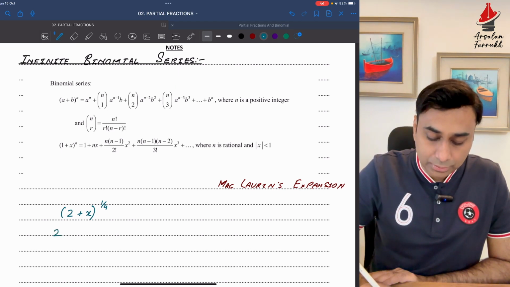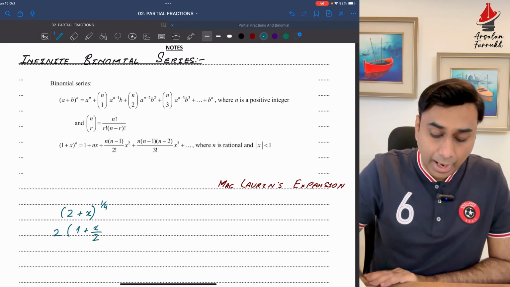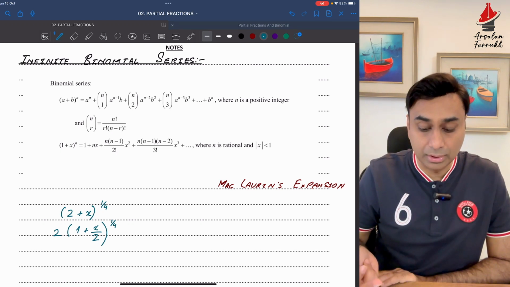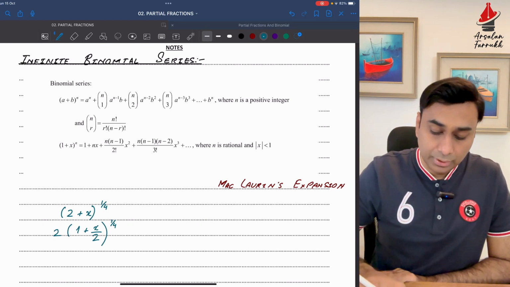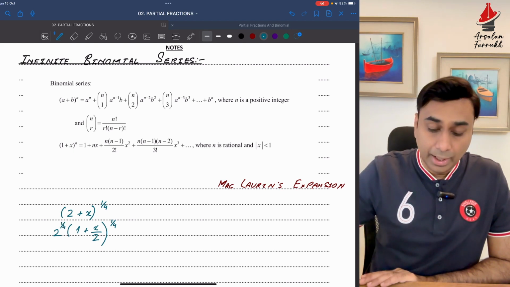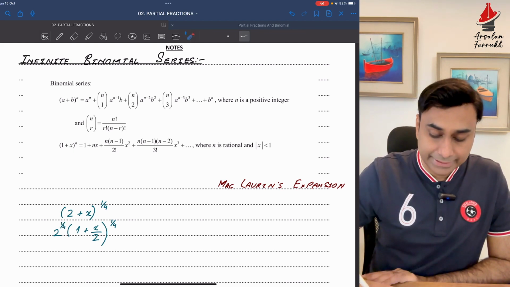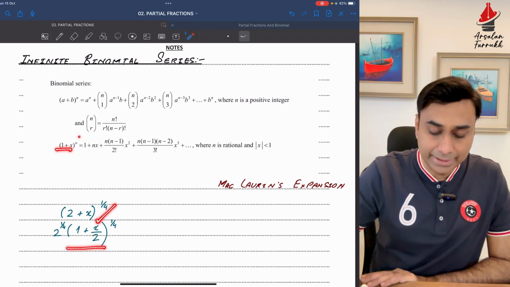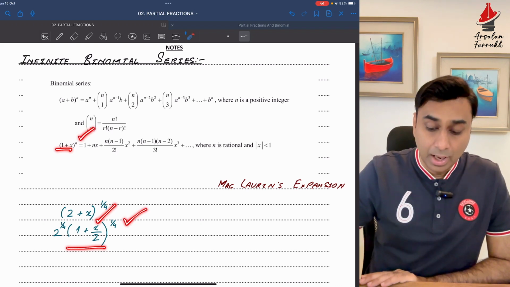So if you take 2 common, inside you would be left with 1 plus x upon 2, all to the power 1 over 4. Since you have taken 2 common from inside, this will also get a power of 1 over 4 with it. And then you will do an expansion of this thing by comparing this with this and identifying x is equal to x by 2 and n is equal to 1 over 4.